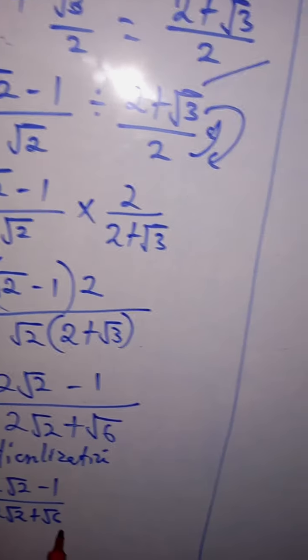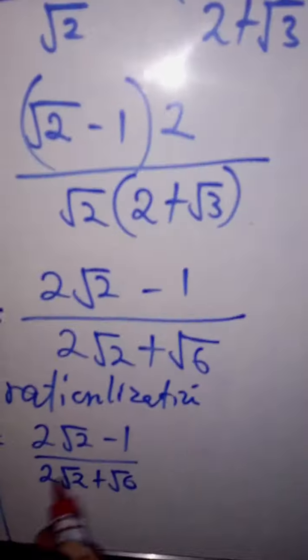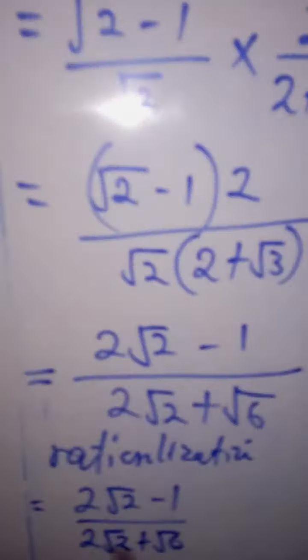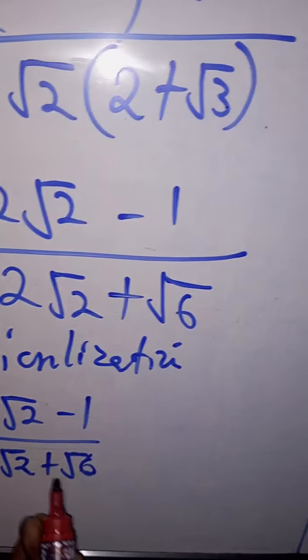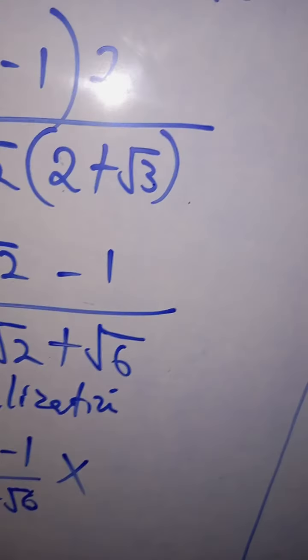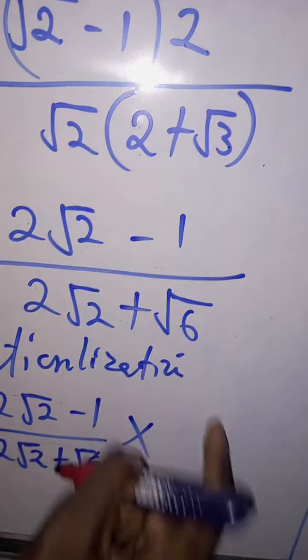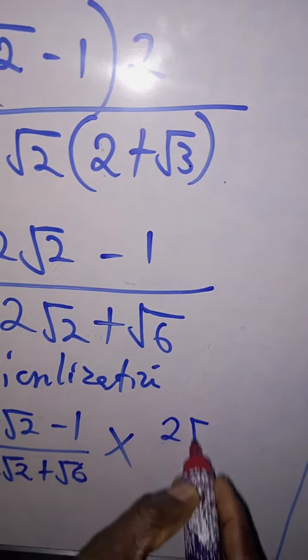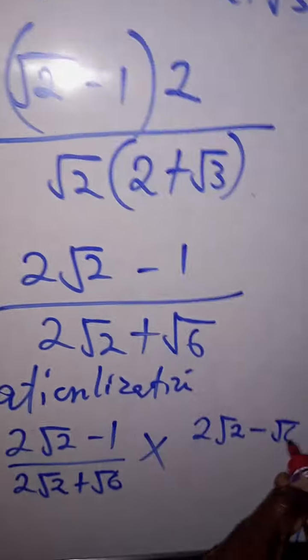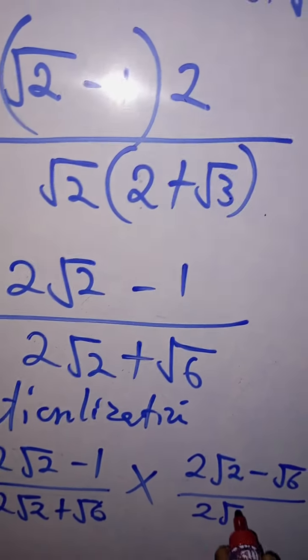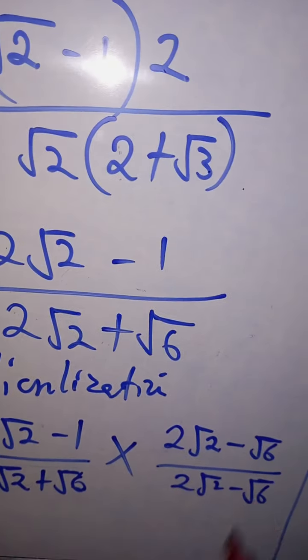When I want to rationalize, I deal with this denominator. Of course, it will be in conjugate form: when it is positive, it changes to negative in the same proportion. So 2 root 2 minus root 6.